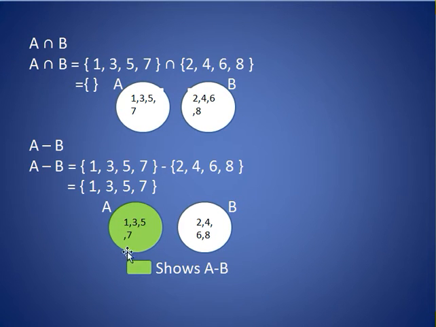For the Venn diagram, again we have to draw two circles, and the first circle represents set A, the second one set B, and this colored circle shows our answer 1, 3, 5, 7, that is our answer, so we have to color it.